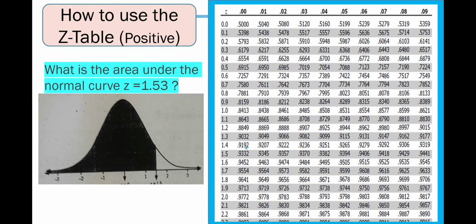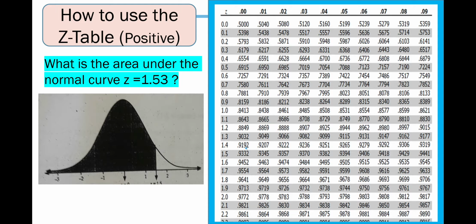For example, we're going to find the area under the normal curve where z is equal to 1.53. So on the left side of the table, we're going to locate 1.5 and the remaining 0.03 at the upper part of the table. Then get the intersection of 1.5 and 0.03, wherein the intersection value is 0.9370.